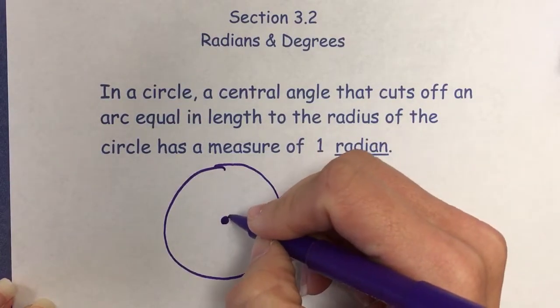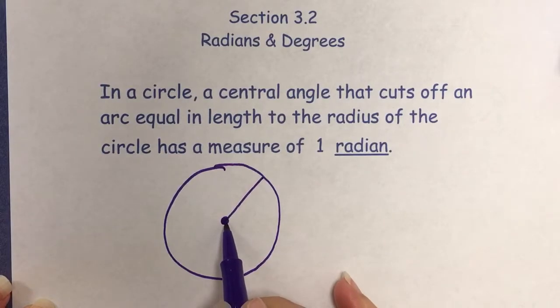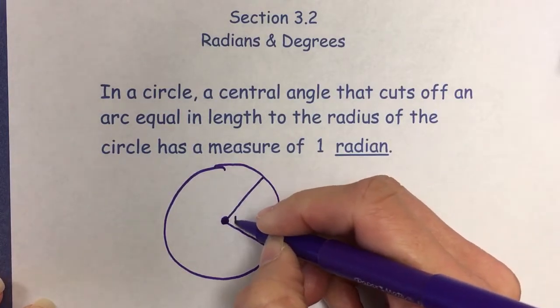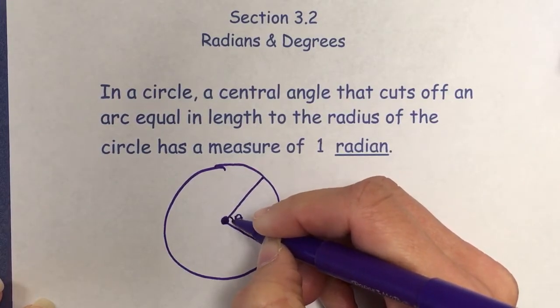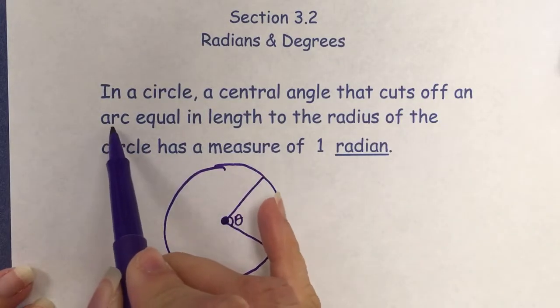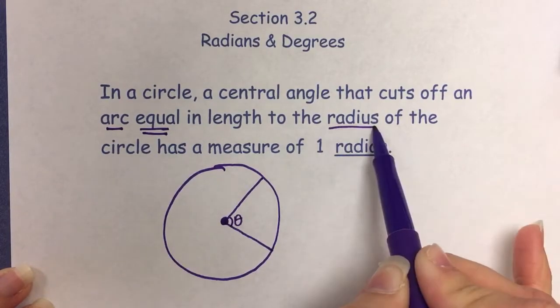So let's say this is one side of my angle, and I'm just estimating this. This is going to be your central angle, theta. The arc has to be equal to the radius.